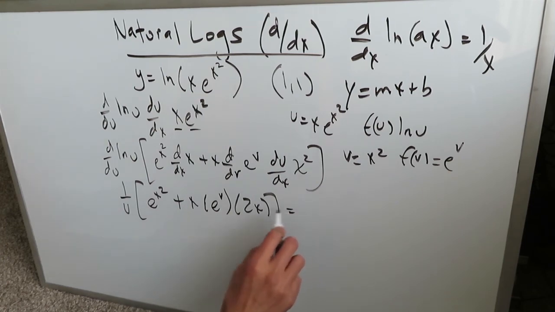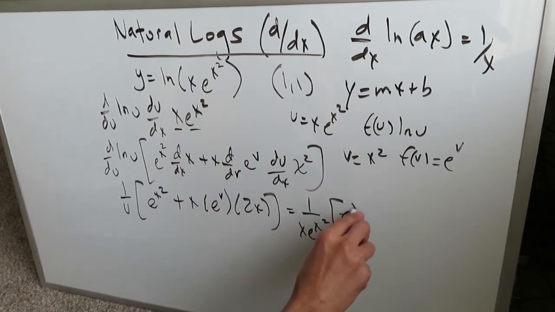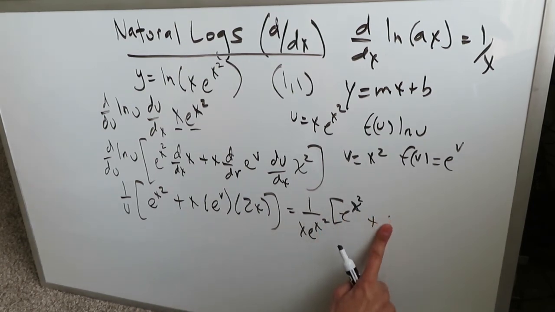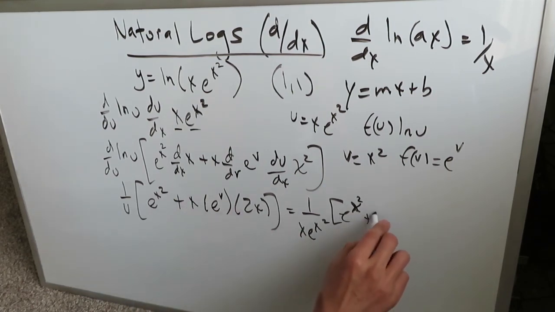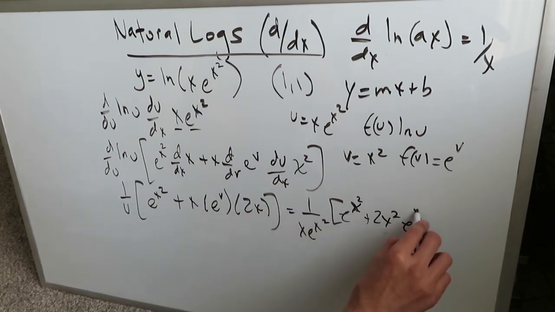Resubstitute back. We'll get 1 over u, which is x e to the x squared, multiplied by e to the x squared, a power on top of a power, plus x. Let's make this plus 2x squared, because x times 2x is a 2x squared, plus 2x squared e to the x squared.